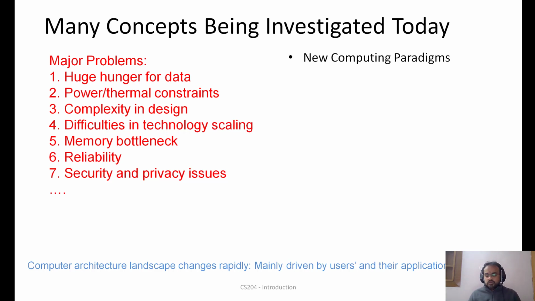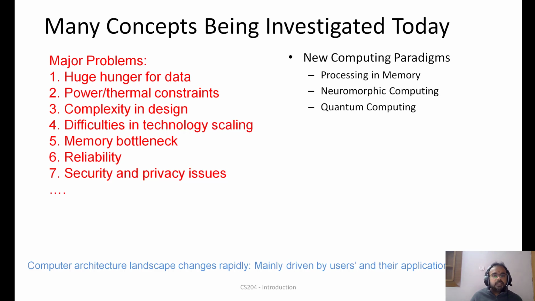To answer them, some new computing paradigms have been proposed. Some of them we have already touched, like processing in memory. Then there is neuromorphic computing, wherein the very nature of the human brain is being studied and replicated in the hardware. And like I mentioned, there is quantum computing. There are more and more accelerators which are primarily targeting one or a set of applications of similar nature. Here we are flooded with applications from machine learning and AI at the moment.